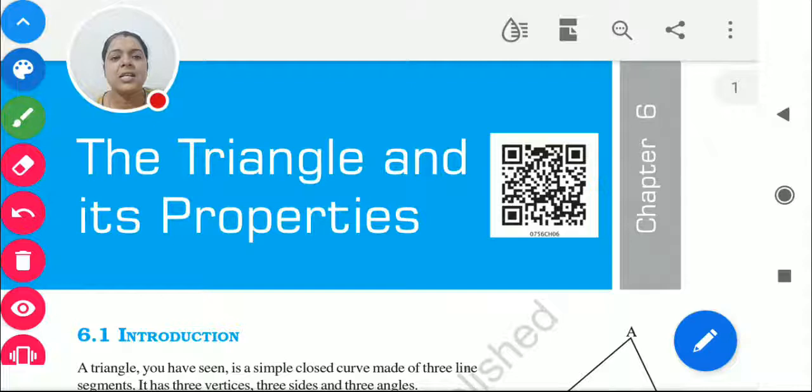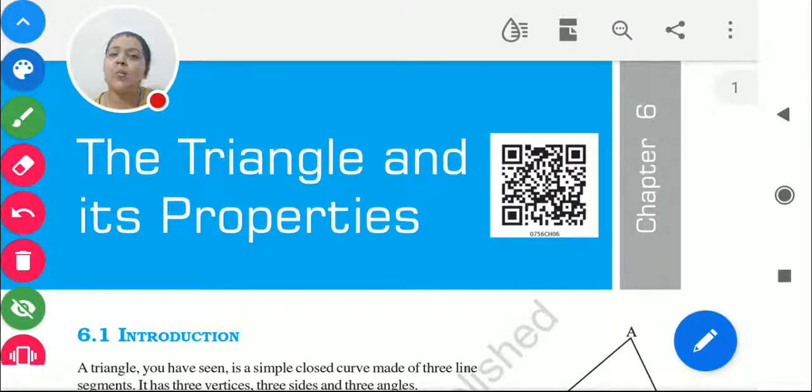So first, I want to know from you people, do you know how many types of triangles are there? Means on the basis of what we are having the triangles. This is a very common question. We are having the variety of triangles on two bases.